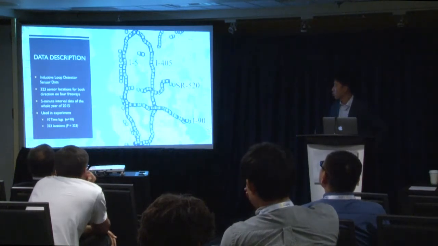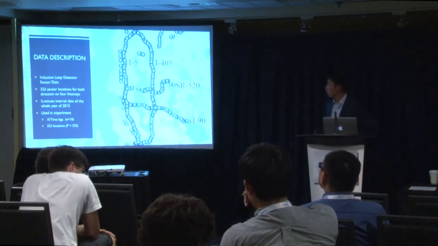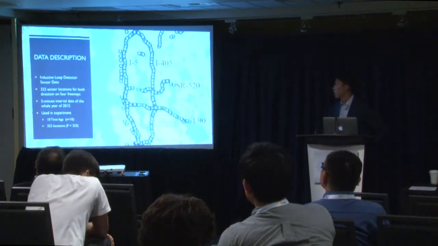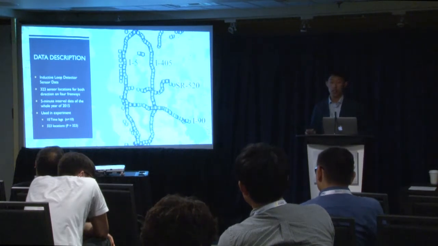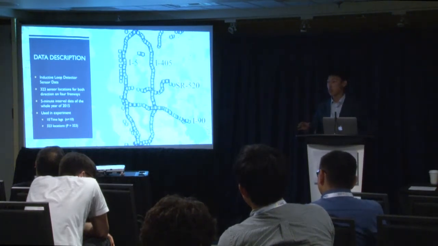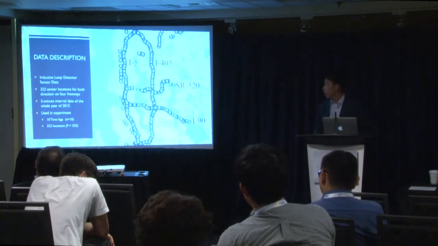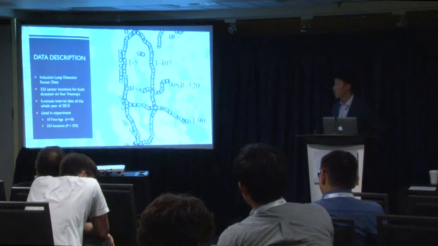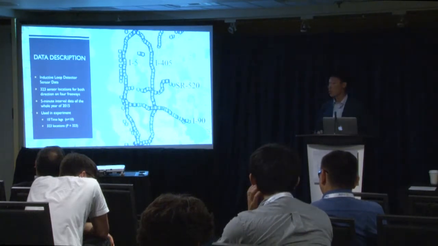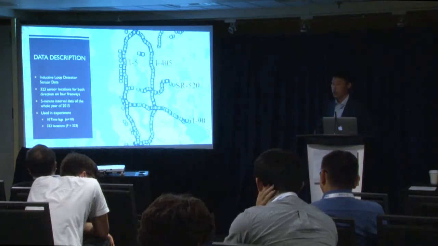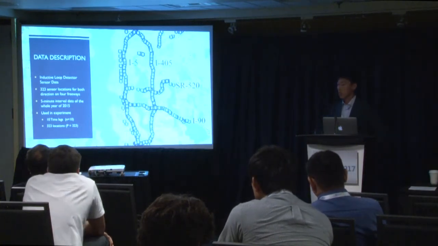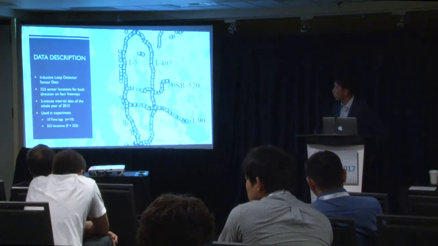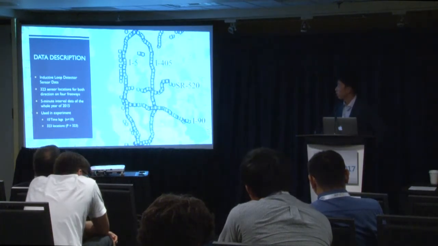So I will then describe our data. This data comes from the inductive loop detectors deployed on the highway system. They can detect the volume and the speed of the traffic, and we extracted more than 300 sensor locations from both directions on the freeways on these 4 highways, and we used the 5-minute interval data in the year 2015.